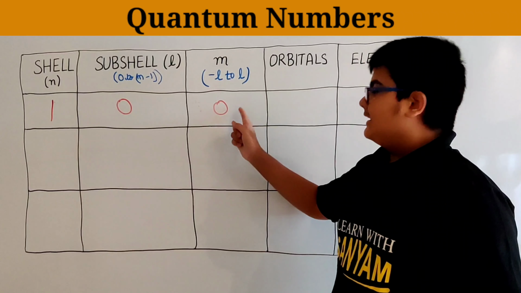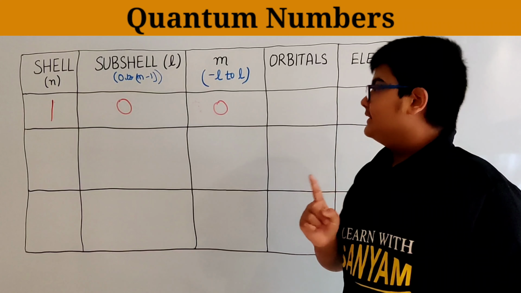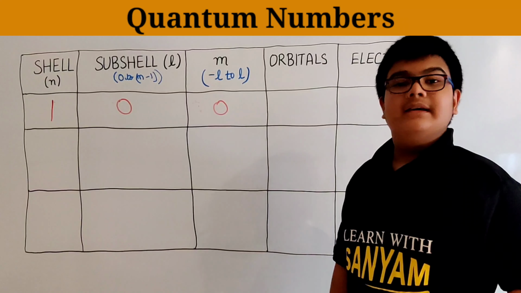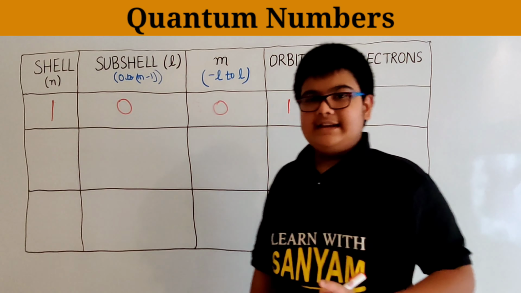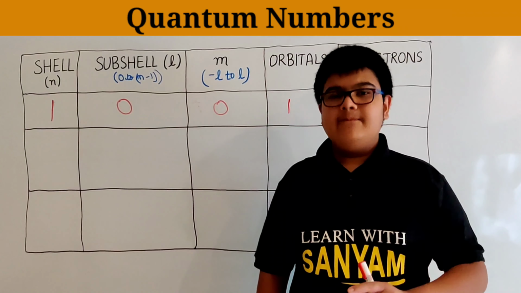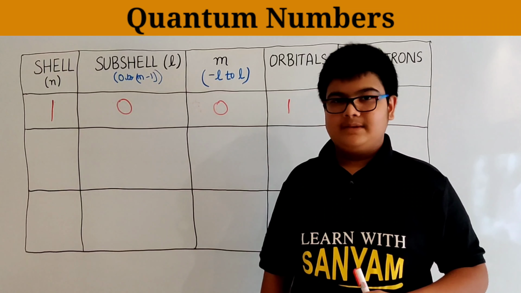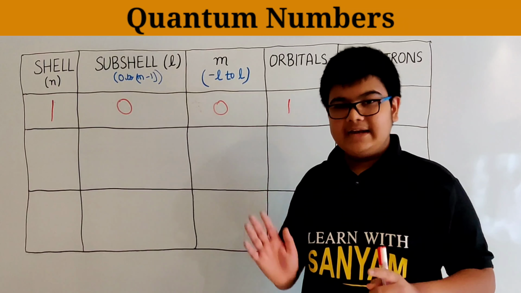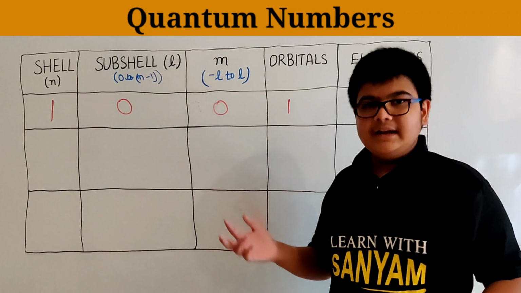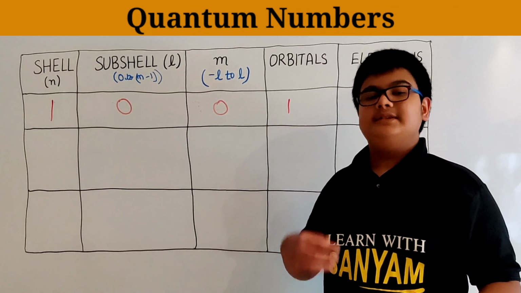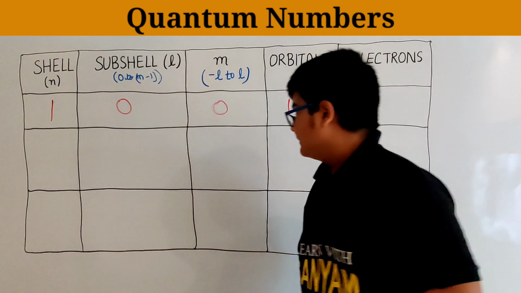As there is one value of m, this means that there will be one orbital. Basically, for every value of m, we will have one orbital. If we have two values of m, then we will have two orbitals. If we have three values of m, then we will have three orbitals, just like that.